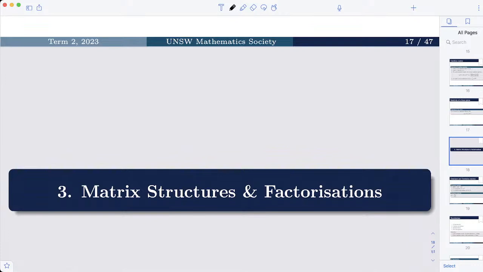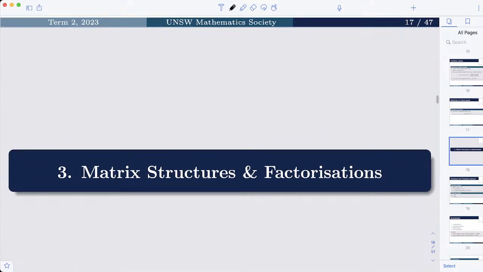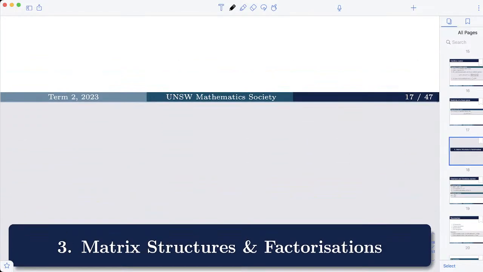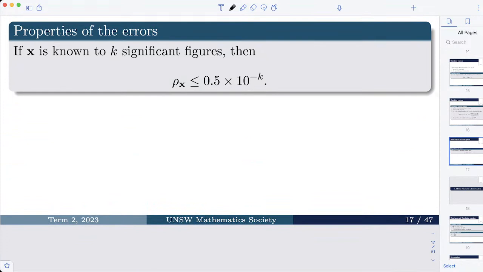I've also omitted a lot of the content that has been covered. How I made these slides was I looked at all of the past papers, and especially with these first 5 topics, there's not a lot of questions on them. But I just chose the parts that popped out the most. I will fix these slides up a bit before I upload them to the MathSoc website, so it might take a bit longer.